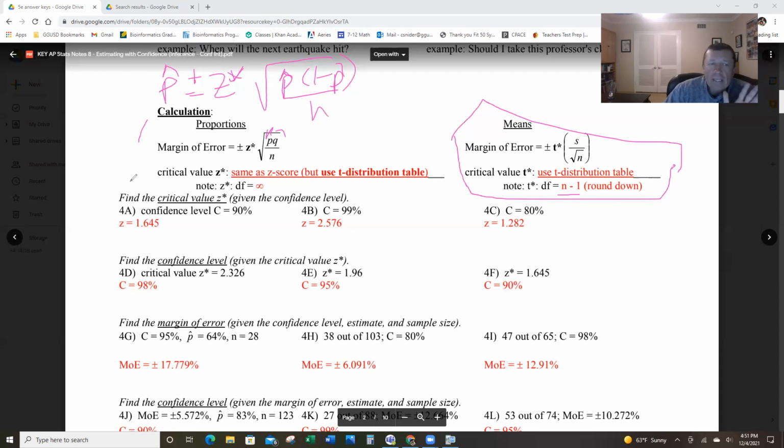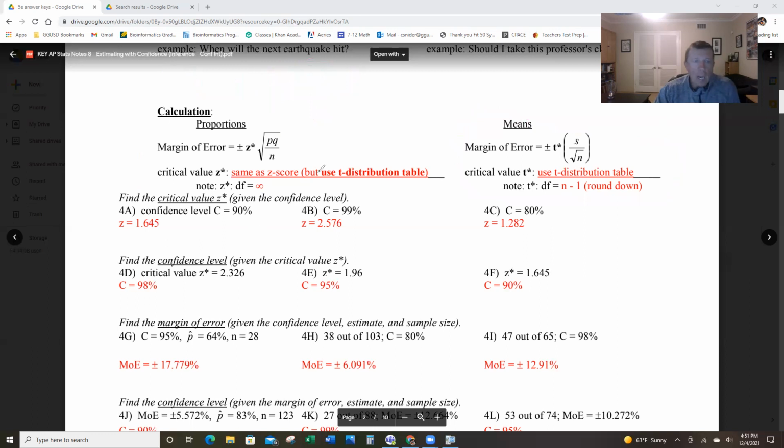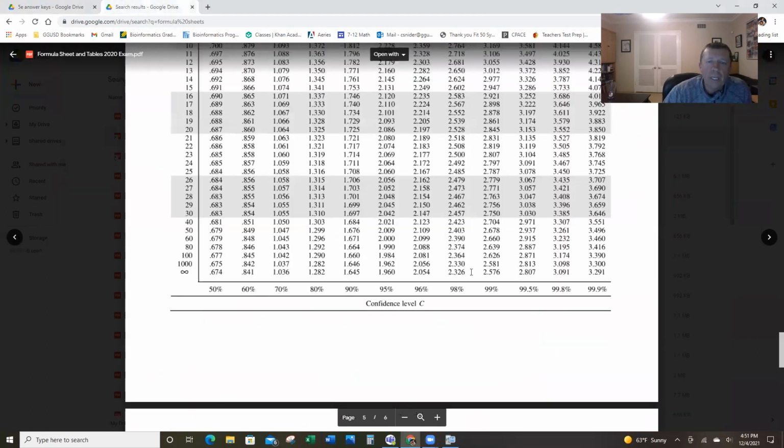We're going to focus entirely on proportions because it's slightly easier. Go ahead and have this particular sheet handy. Real quick, again, Z's always use the bottom number, the infinity number. So it's really easy. If you go into T's for means, you have to go n minus 1.